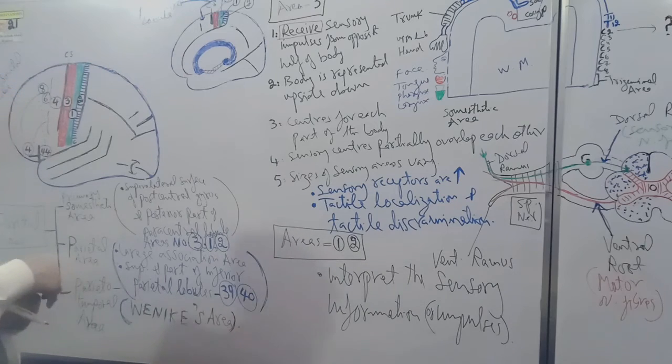The function of area number 3 is to just receive the sensations from the opposite half of the body, depending upon which cerebral hemisphere is dominant.